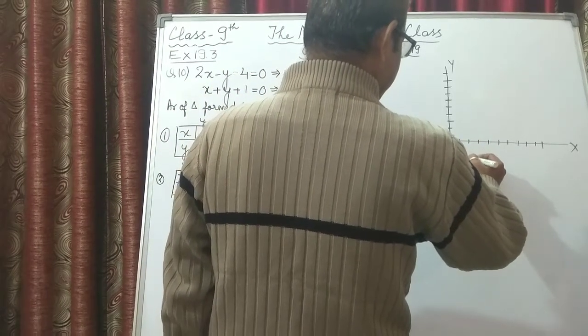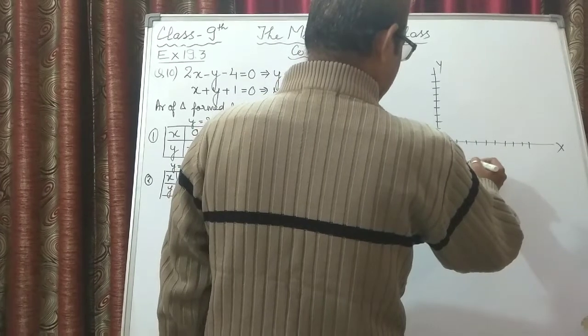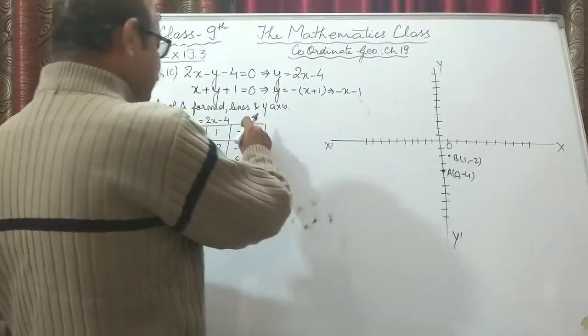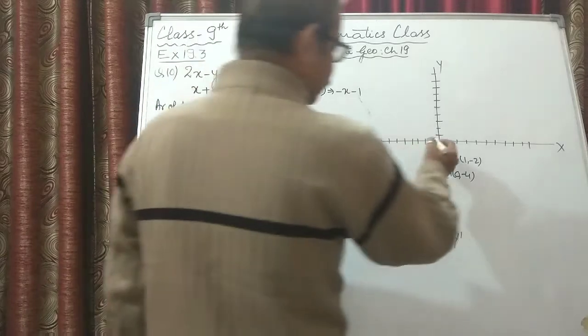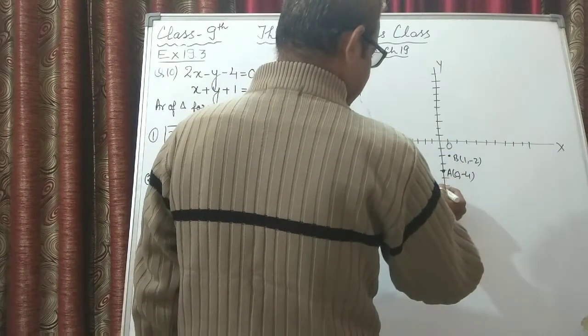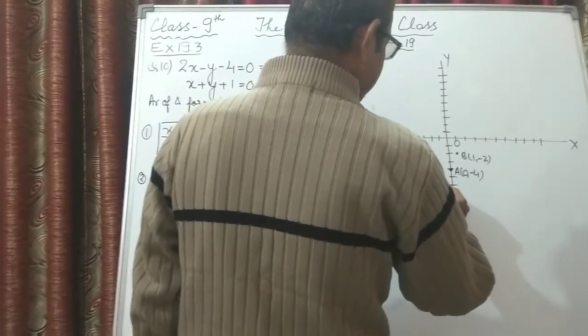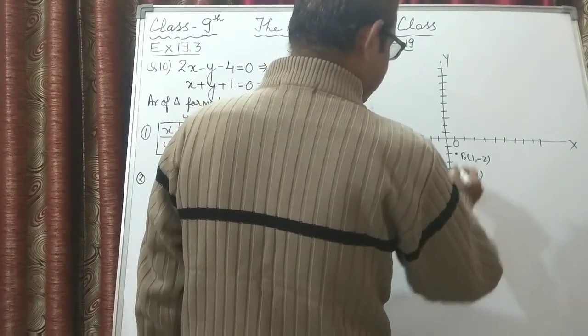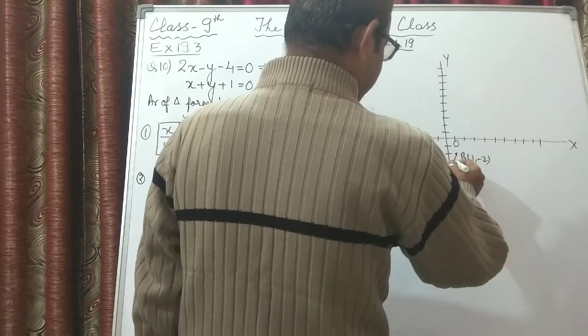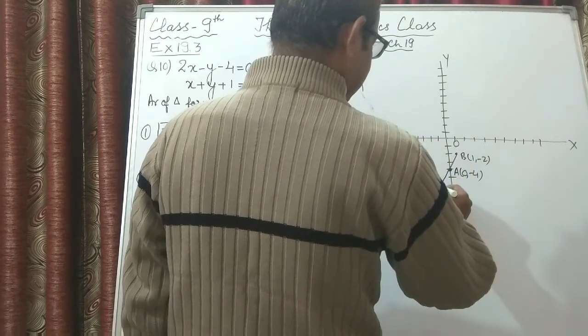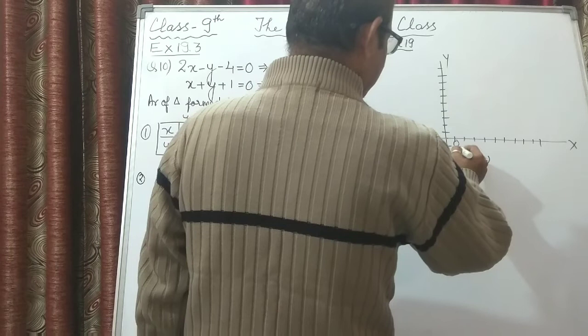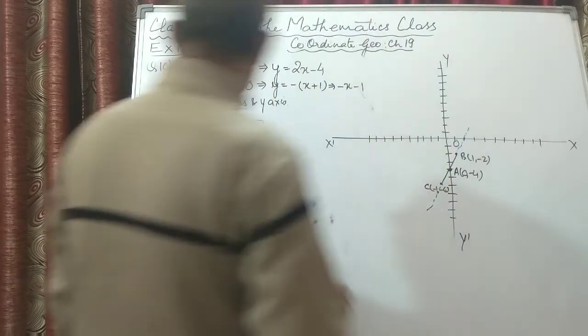And C is minus 1, minus 6, somewhere here. Now we join these, so we get a straight line, something like this. I am extending it in both directions with dotted lines.